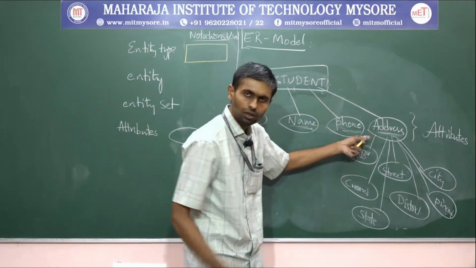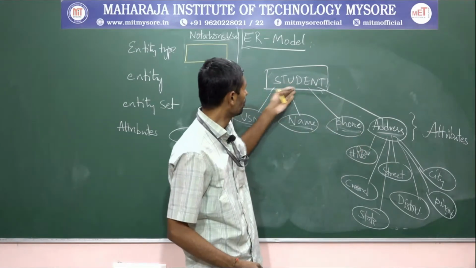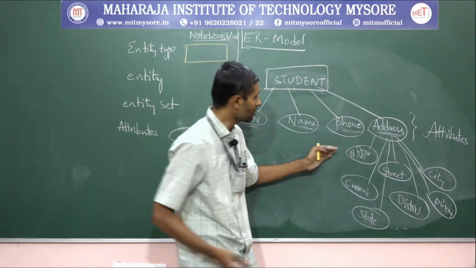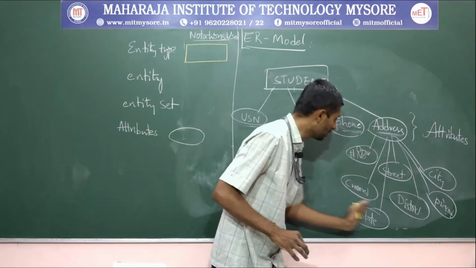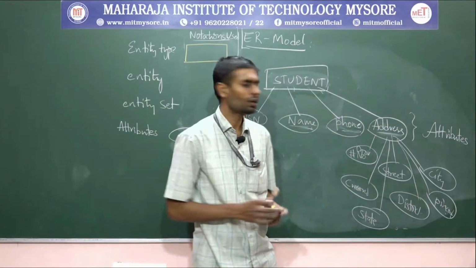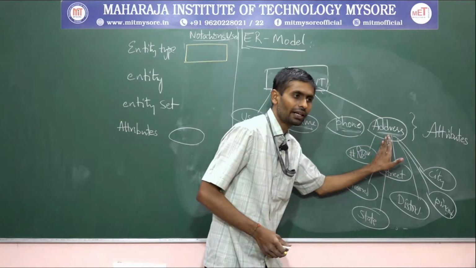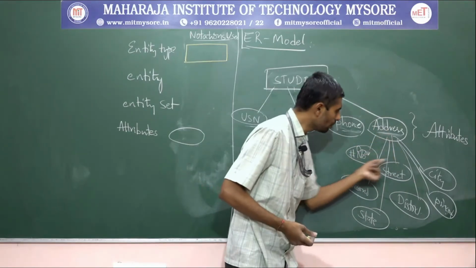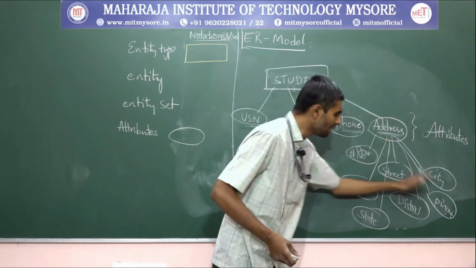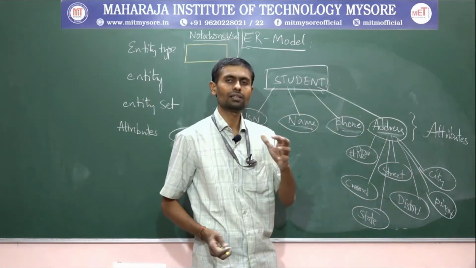Actually, look at this one, guys. Just as the student can be categorized, in the same fashion we are further decomposing that address into many minute components. But it's not an entity type; here we call it an attribute. But this attribute further has plenty of minute, simple components.